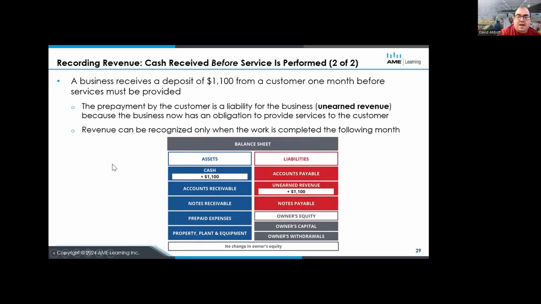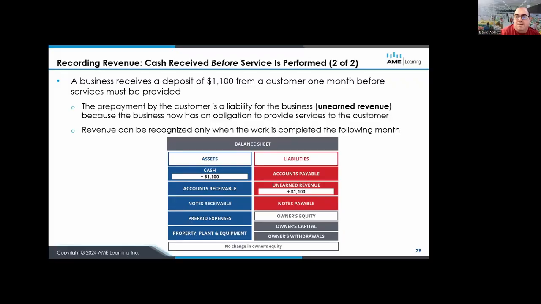Let's say that a business receives a deposit of $1,100 from a customer 1 month before the services are provided. The prepayment by the customer is a liability of the business, unearned revenue. So we either have to perform the service that we were contracted for, or we have to refund their money if we end up not being able to do it.